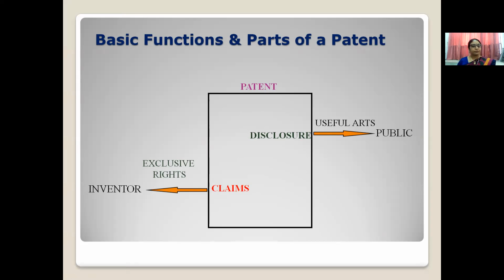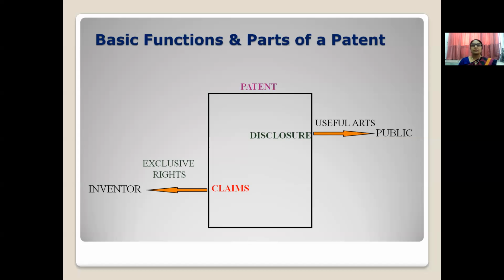For us, who are general public, for us, it is the disclosure which is very, very important to us. Because if I have to practice her patent, her work, I should understand the complete experimentation. For me, disclosure is very important. But for her, claims is very important. Because it is the claims part which brings the exclusive rights to the inventor.